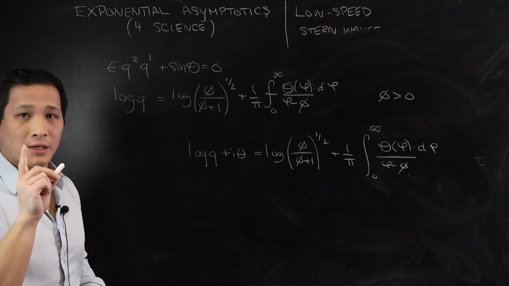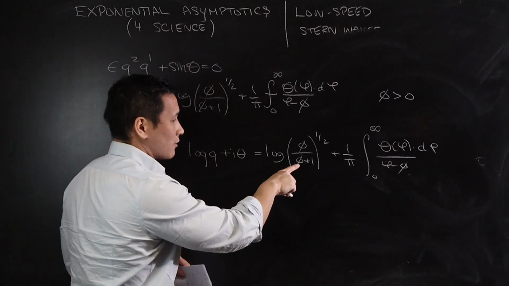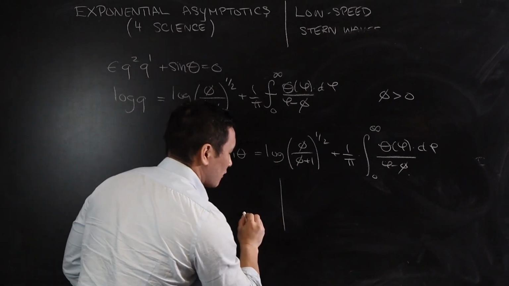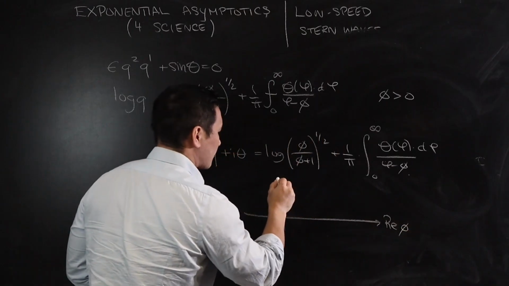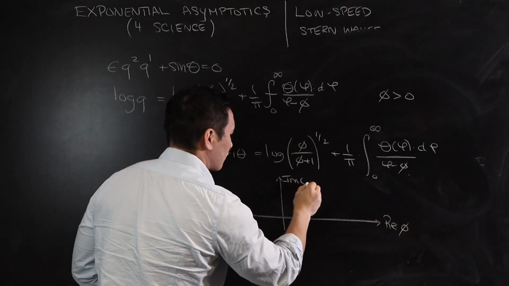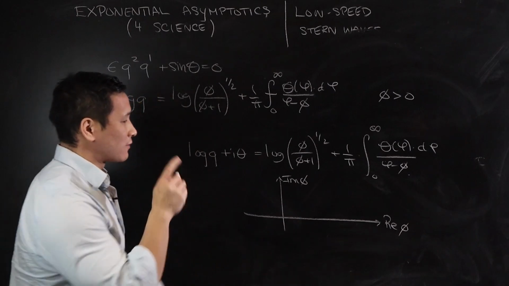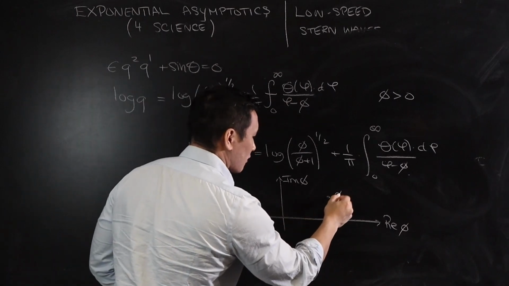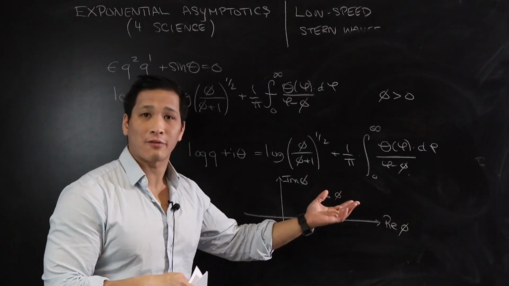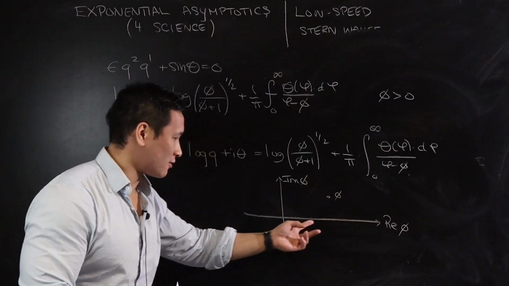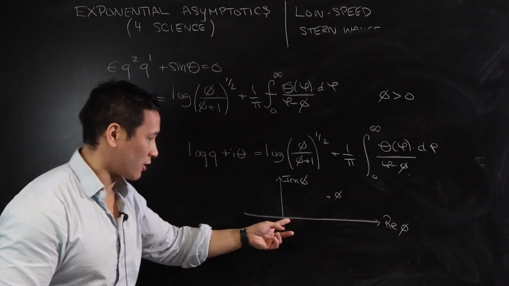Okay, and I'm going to claim for you that this phi, here's my real phi axis, here's my imaginary phi axis, and this phi is somewhere up here. I'm going to evaluate this equation when phi is in the upper half plane, right? So this is the physical free surface here, that's the physical water.